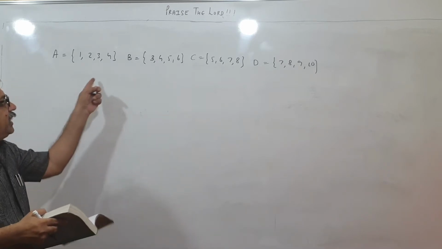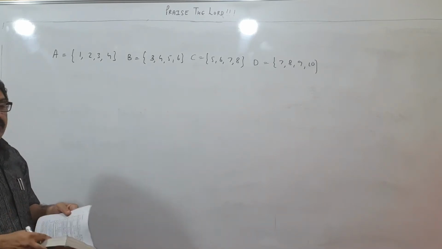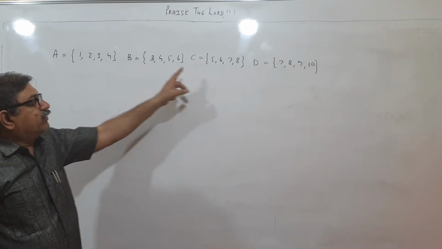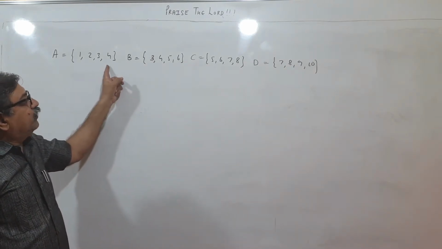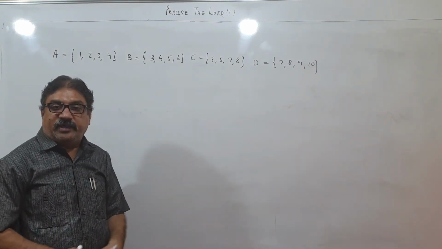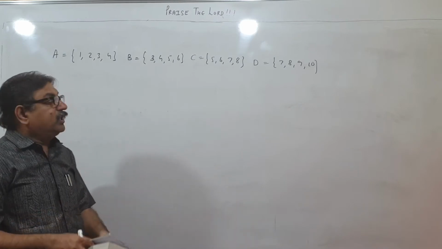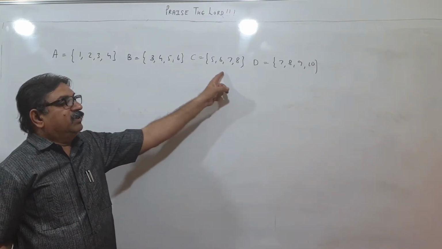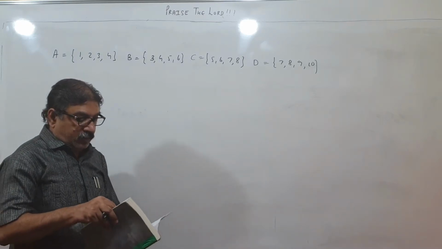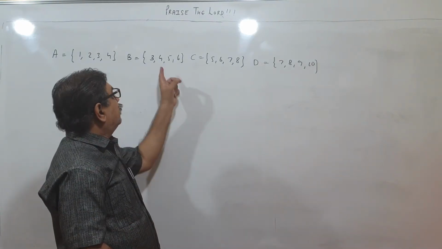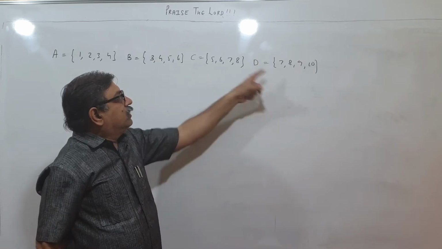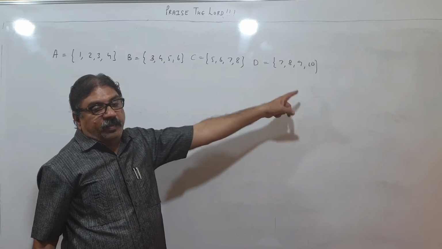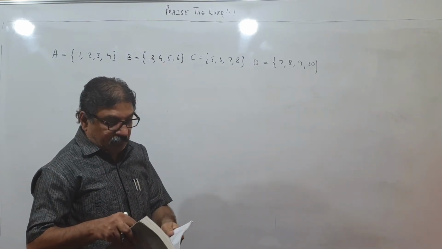A union C: 1, 2, 3, 4 and then 5, 6, 7, 8. B union C: 3, 4, 5, 6, 7, 8. B union D: 3, 4, 5, 6, 7, 8, 9, 10.